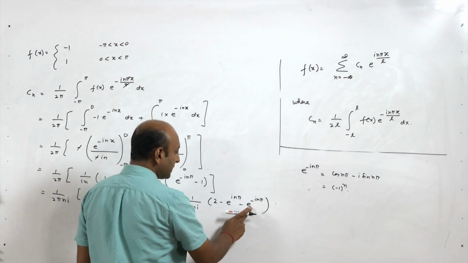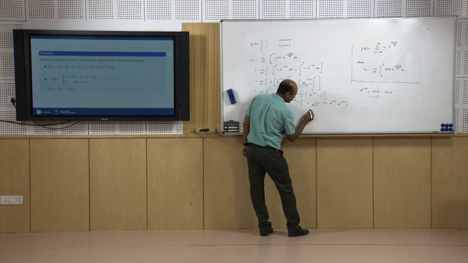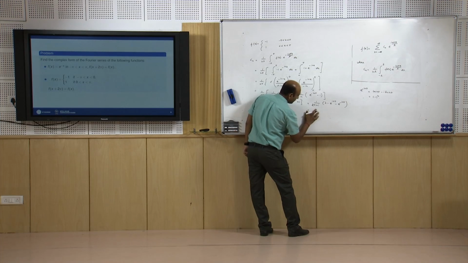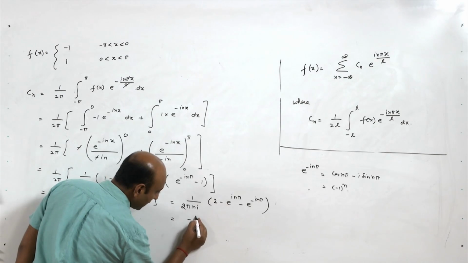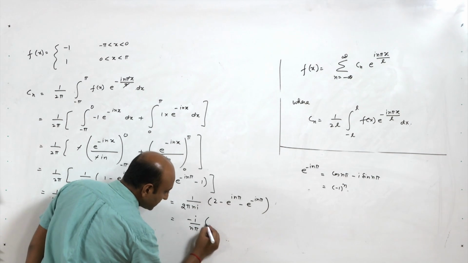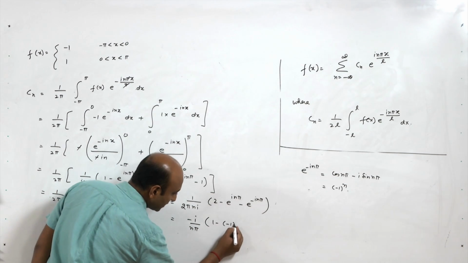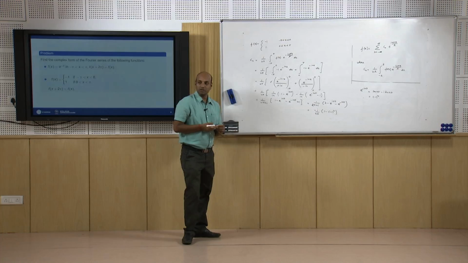So, this is minus 1 to the power n, this is minus 1 to the power n. So, now it is 2 times, 2 cancels out, and 1 upon iota is nothing but minus iota. So, it is minus iota upon n pi, and it is 1 minus 1 to the power n. So, this will be the final expression for Cn.